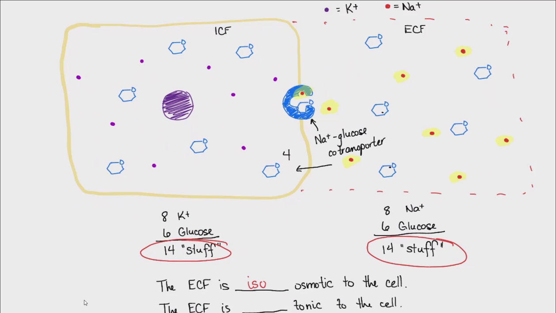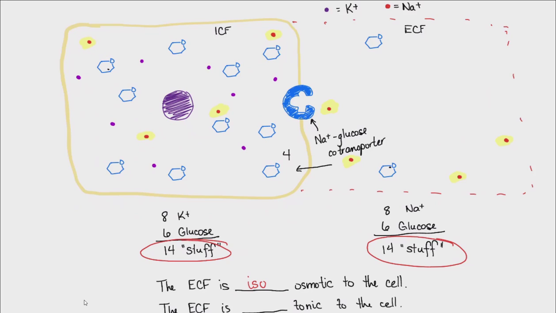So here's 1. Here's 2. Here's 3. And here's 4. And I'm just going to move these out real quick to spread them around. So which way did solutes move?